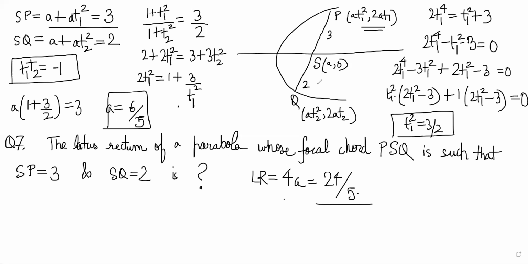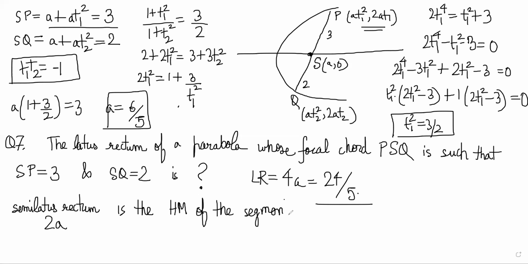It is slightly long, but what we can do is we can prove a result here. There is an important result. It says that the semi-latus rectum, which basically means 2A, right? 2A is the harmonic mean of the segments of the focal chord.